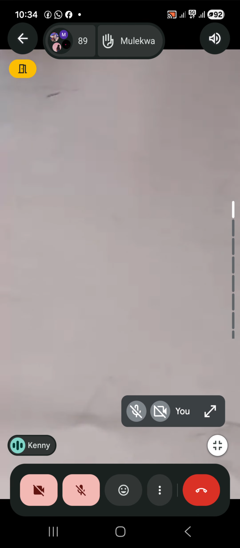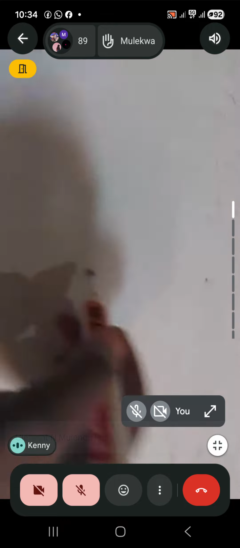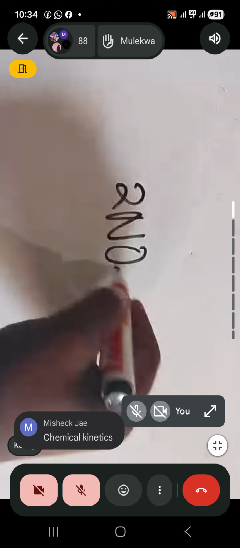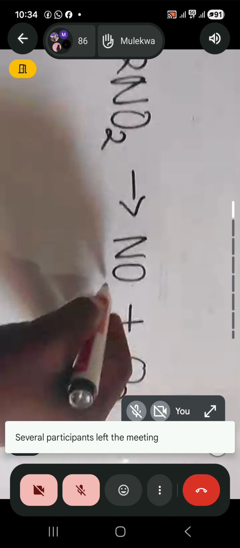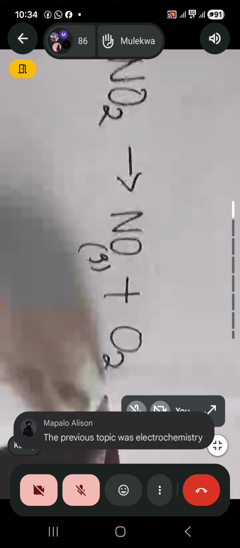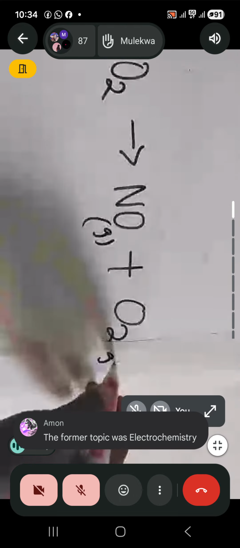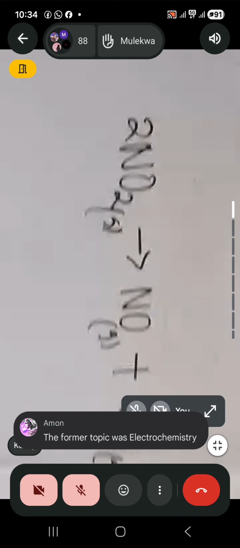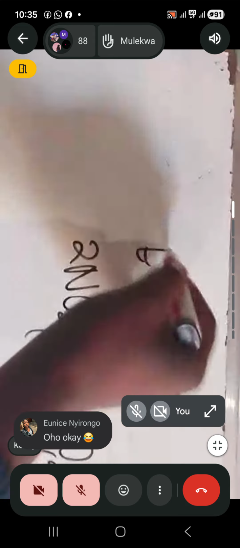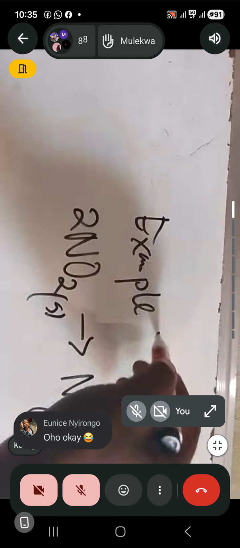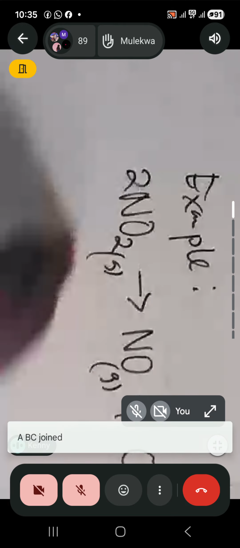So we want to calculate. Just before you proceed, sir, the decomposition of nitrogen dioxide, was it an example, a factor, or what?